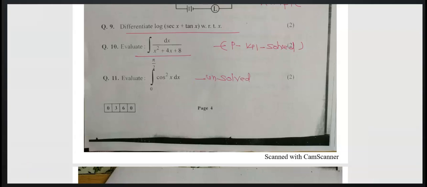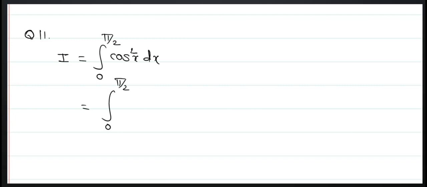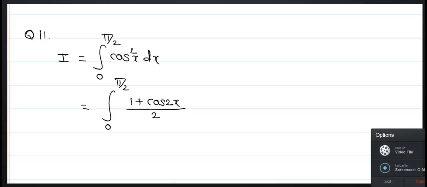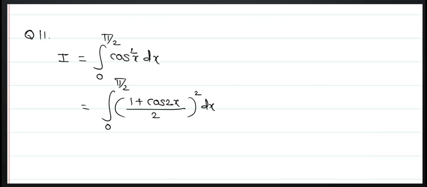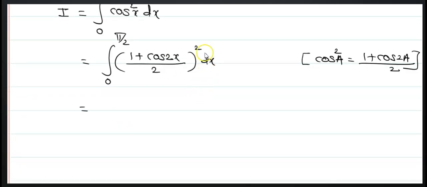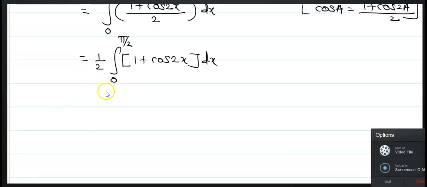See this here. Unsolved question, sorry, on page number 200. I is equal to the integral from 0 to pi by 2 of cos square x dx, which is 1 plus cos of 2x upon 2. Take 1 upon 2 common: 1 upon 2 integral from 0 to pi by 2 of (1 plus cos of 2x) dx.